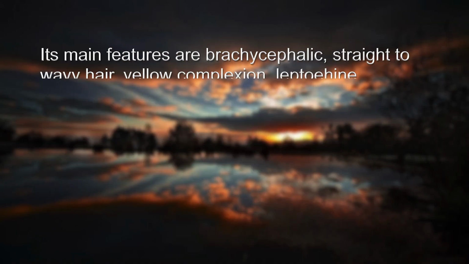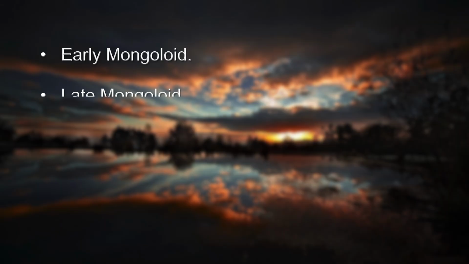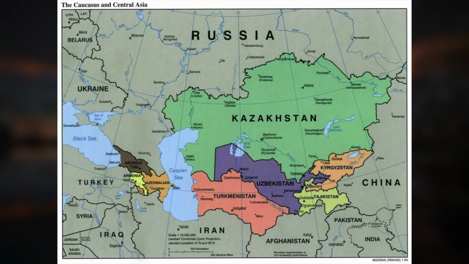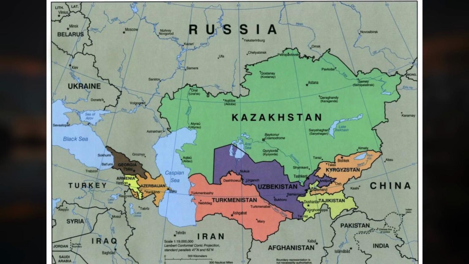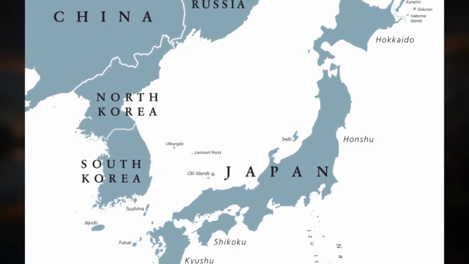Its main features are brachycephalic, straight to wavy hair, yellow complexion, leptorrhine, medium stature, oblique eye with an epicanthic fold. Griffith Taylor has classified them into two subgroups, that is, early Mongoloid and late Mongoloid. They are found in Central Asia, Korea, Japan, China and other neighboring countries.